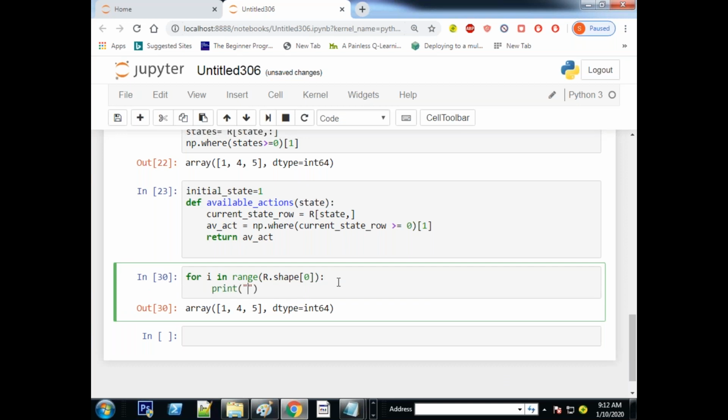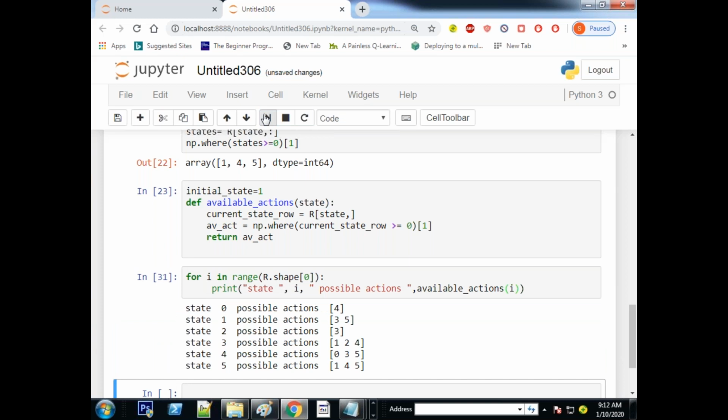Print state i, possible actions. What is your function here? available_actions, in the place of state I am passing i as the argument. Check it now.